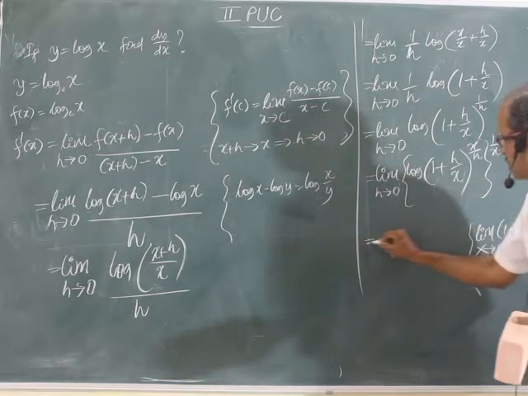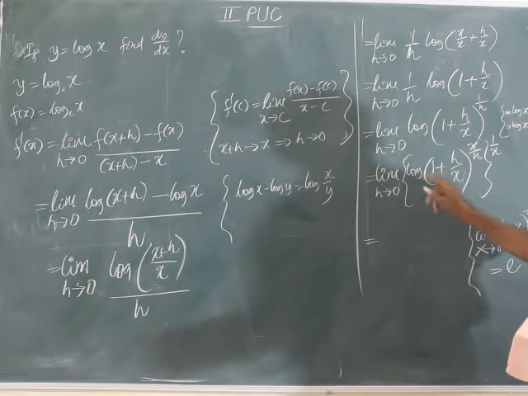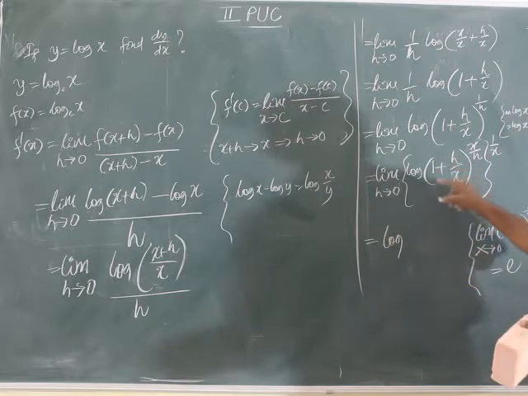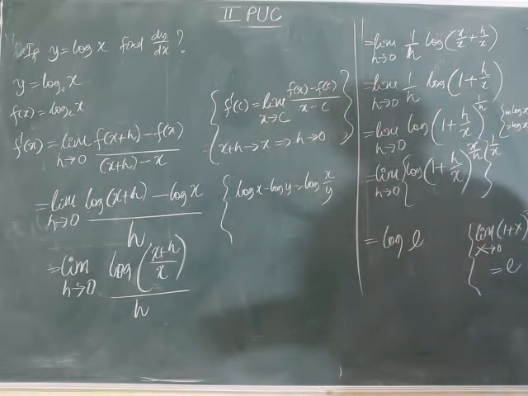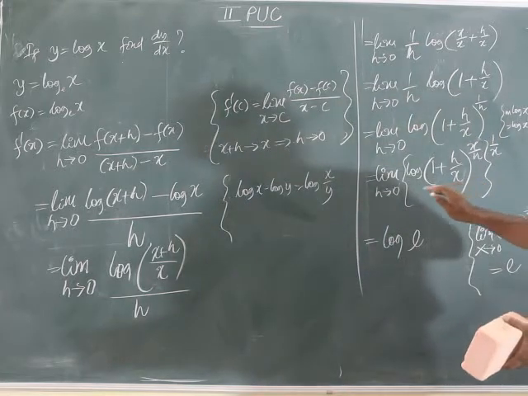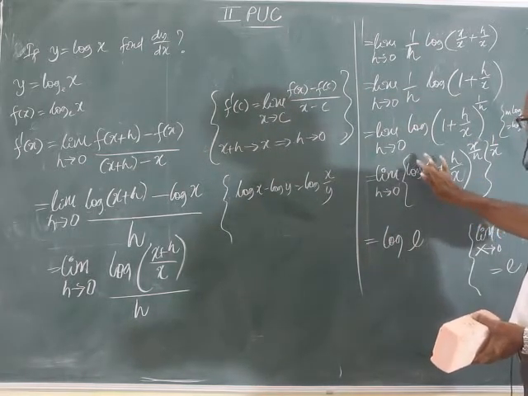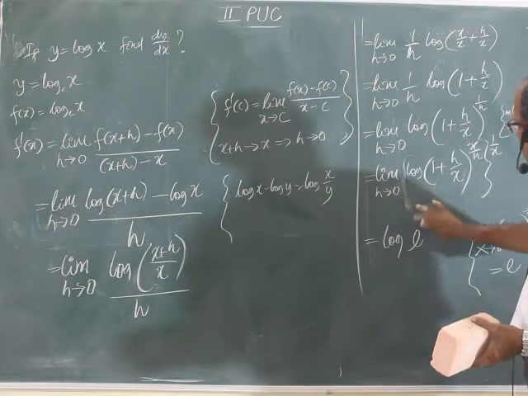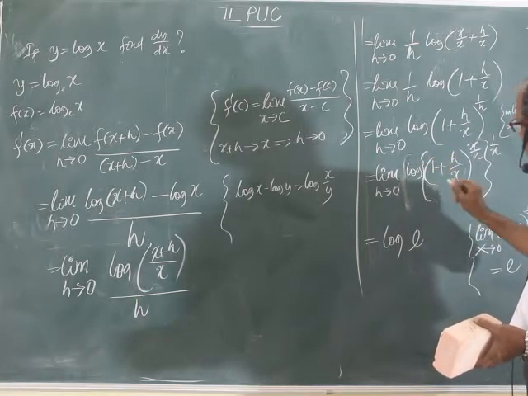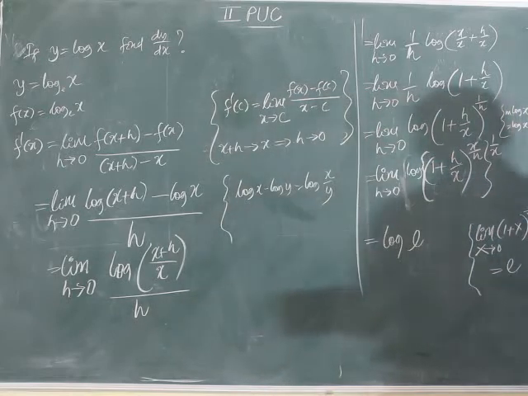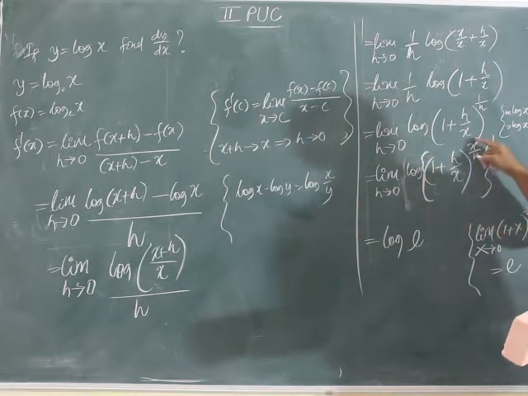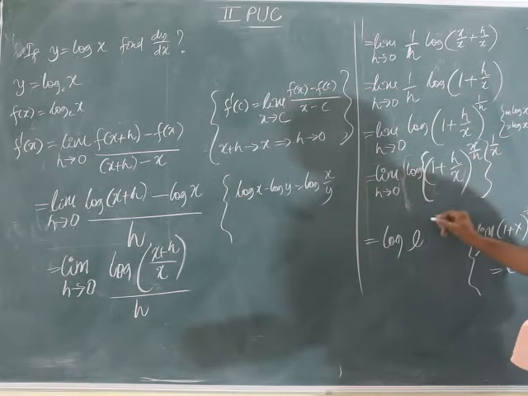So I can write this one as log as it is, but this full is e to the power, the bracket is a little wrong here. Bracket should be given only up to here. Log, this is e to the power 1 by x.